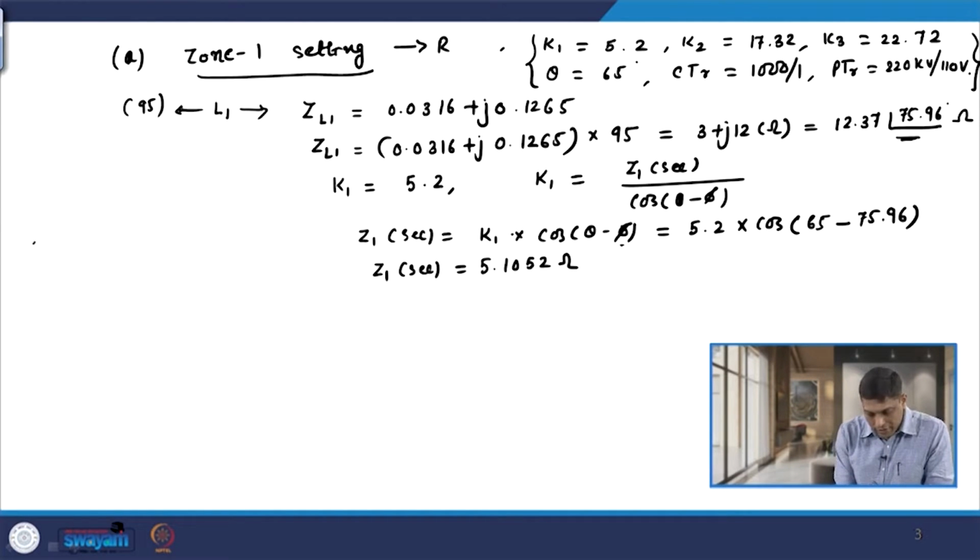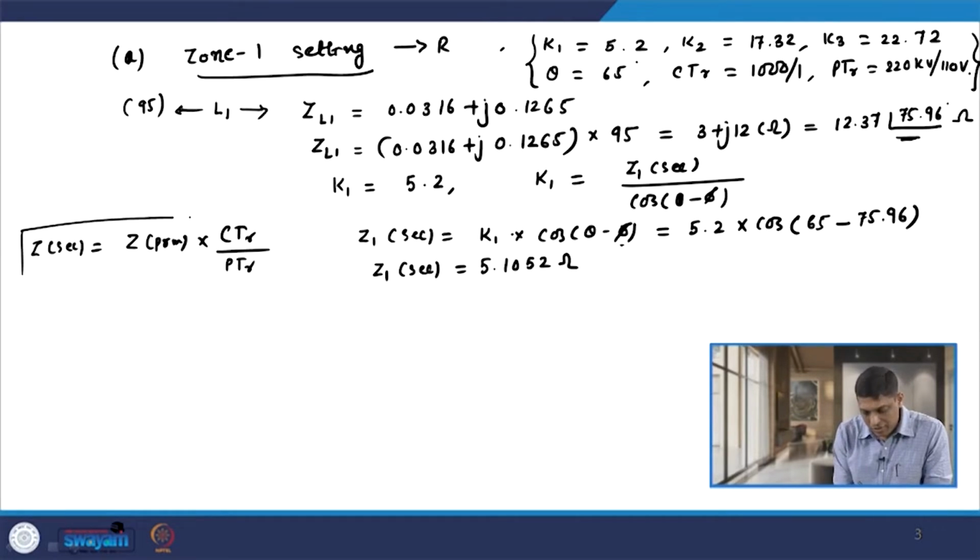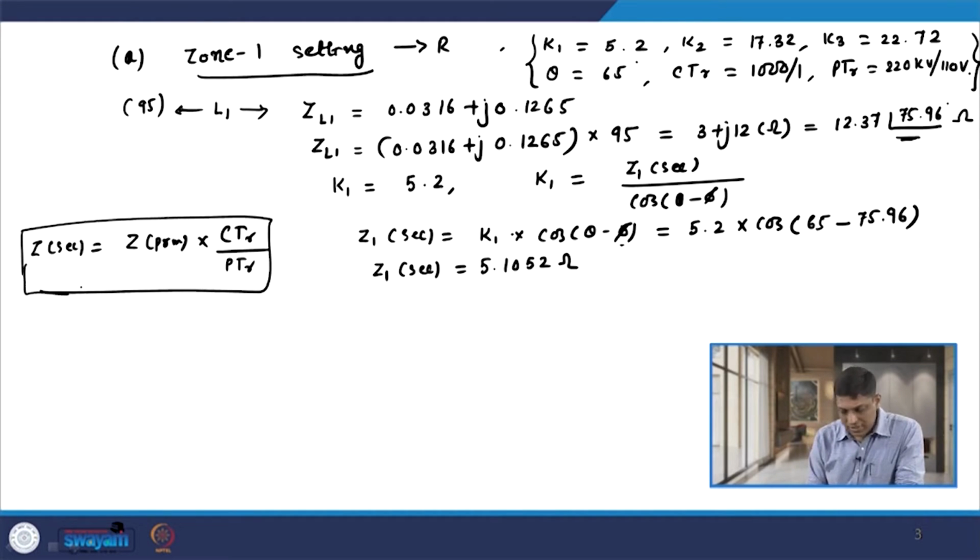Now we know that Z secondary is equal to Z primary into CT ratio divided by PT ratio. This equation we have already discussed. So using this equation we know the secondary part, so we can easily find out the primary part.